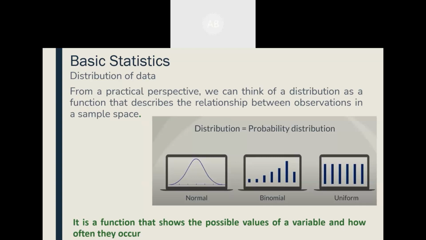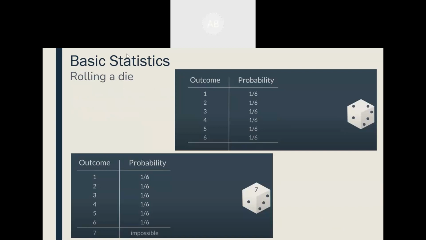For example, in the simplest form, we can talk about the distribution when you roll a dice, D-I-C-E. When you roll a dice, we can talk about the distribution in this case.